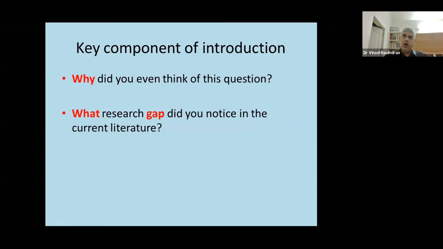And what was the reason? What did you identify? Any gap in the published literature? Any lacunae? Any controversies, which led you to look into this particular question? So, in your short piece of introduction, these are the two things you have to focus on.